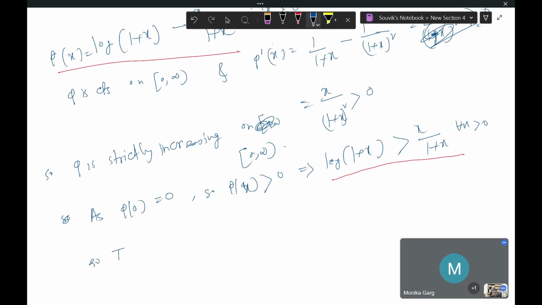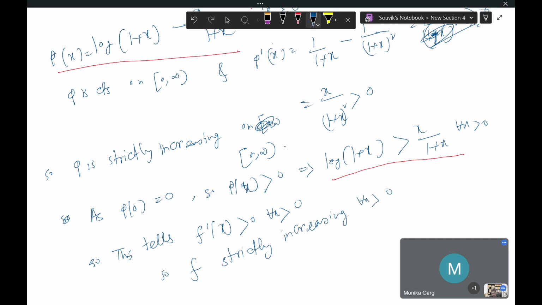So this tells f dash x is greater than 0, so f is increasing for x greater than 0. So a greater than b implies f a greater than f b.